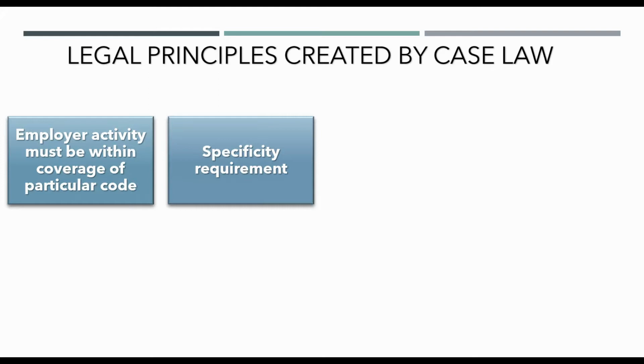It cannot leave the employer guessing or choosing between alternative ways of complying with the safety requirement. It must be clear and specific as to exactly what the employer must do to comply. If it's not a specific requirement to that degree, an employer cannot be held liable.